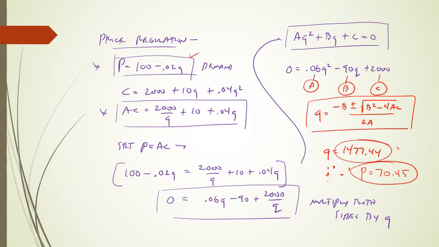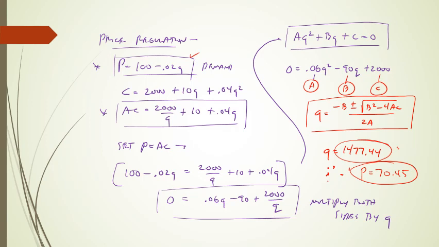So demand, 100 minus 0.02Q, set that equal to average cost, 2000 divided by Q plus 10 plus 0.04Q. Now, how do we do this? Because we're going to have a term here, Q, if we rearrange and simplify, we'll have an equation if we put everything on the right-hand side that involves 0.06Q.